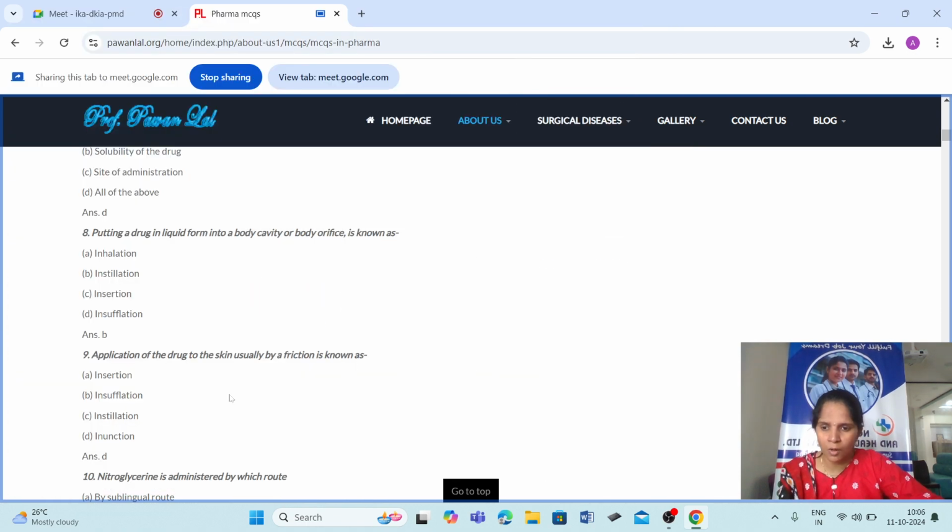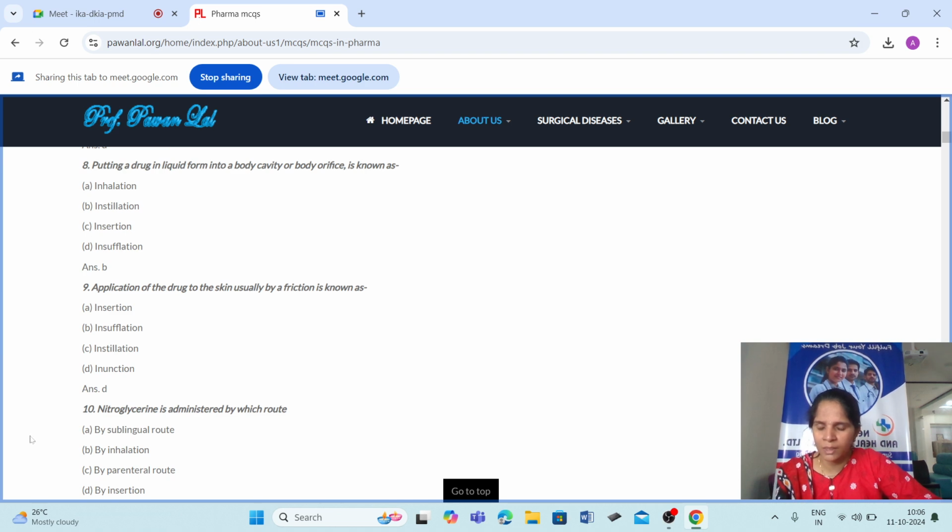It is the episodes of chest pain when oxygen to the heart is getting reduced. So for them, they will be giving nitroglycerin tablets so that the chest pain can be relieved within 5 to 10 minutes, not more than that. So this nitroglycerin will be given by which route? It will be given by sublingual route.